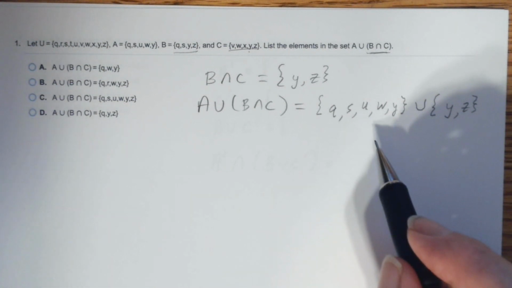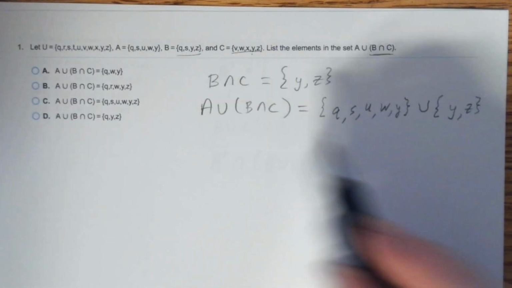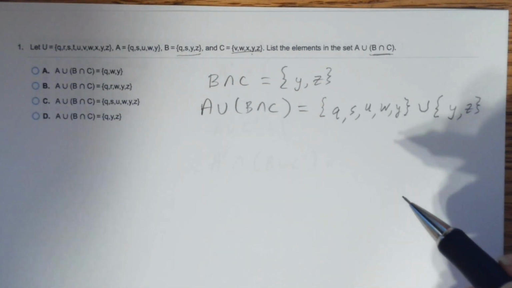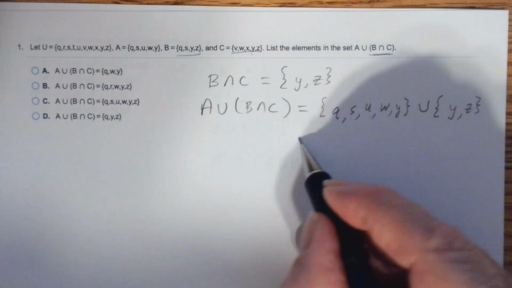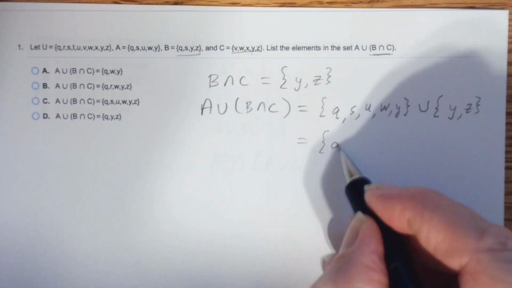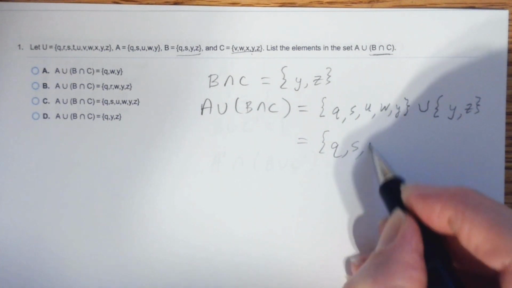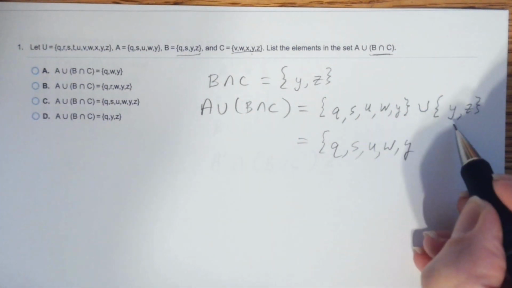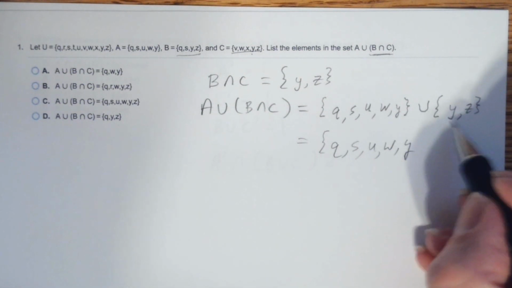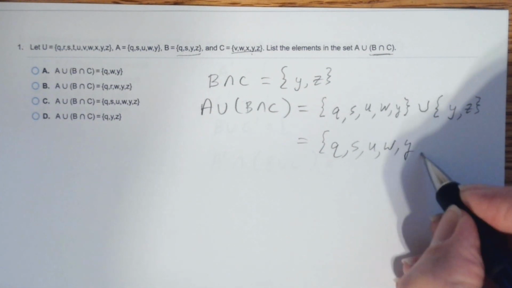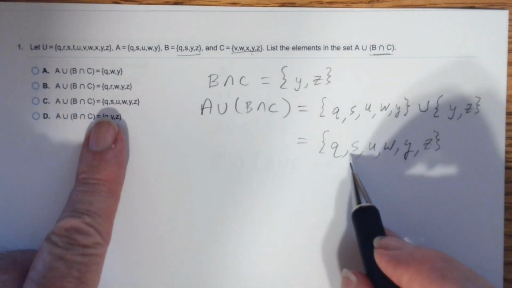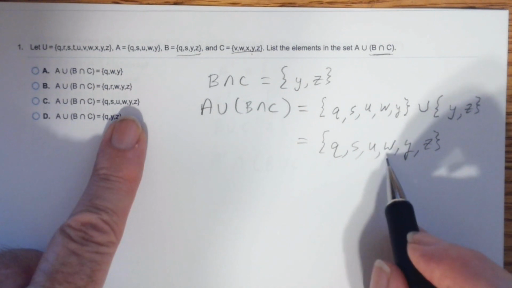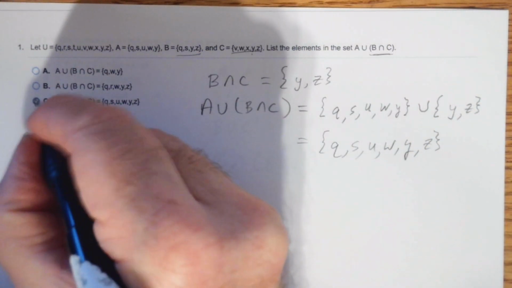So an element in this union is in one set or the other set or both. I always think of the word combine. I want to combine them together. So basically what I would do is write down set A, Q, S, U, W, Y, and then see if I'm missing anything in this other set, and if so, I need to add it. Well, we already have Y, but we don't have Z, so when we combine the sets together, we end up with Q, S, U, W, Y, Z. That would be option C here.